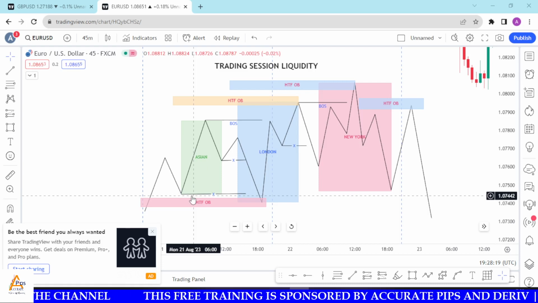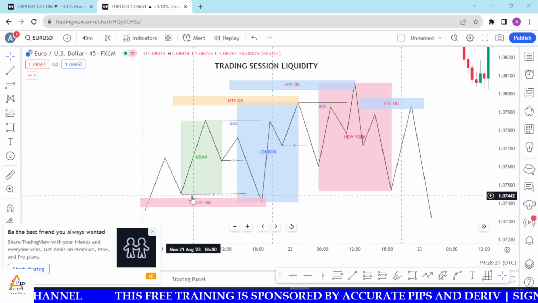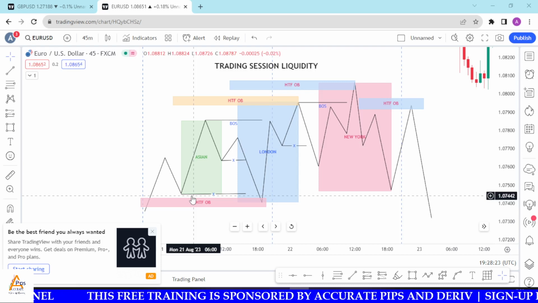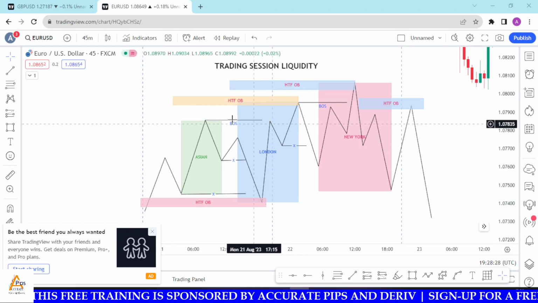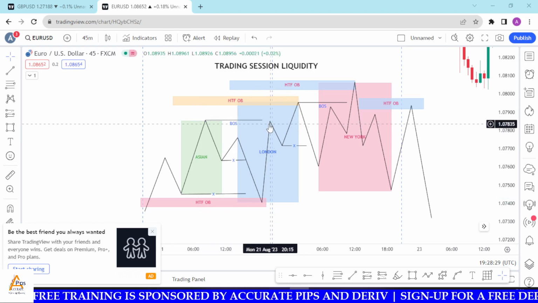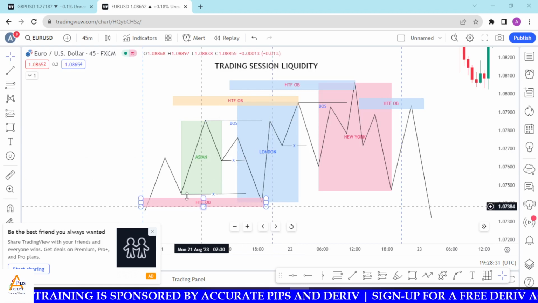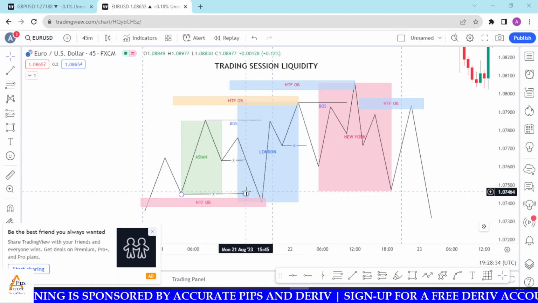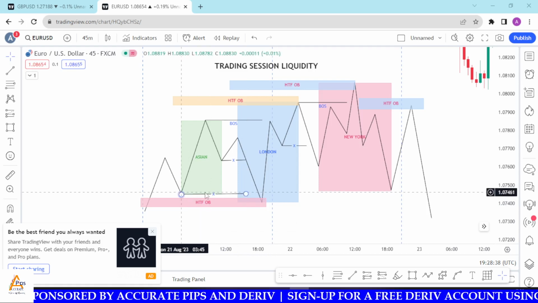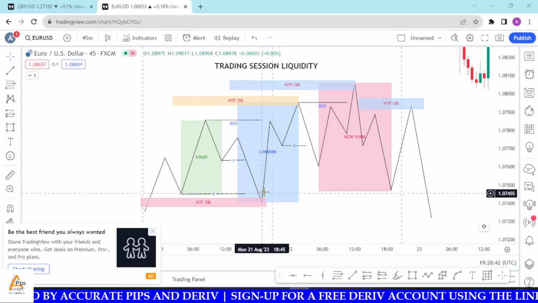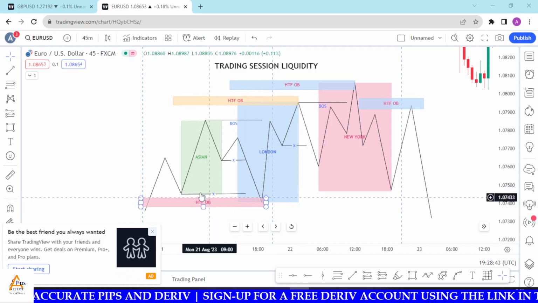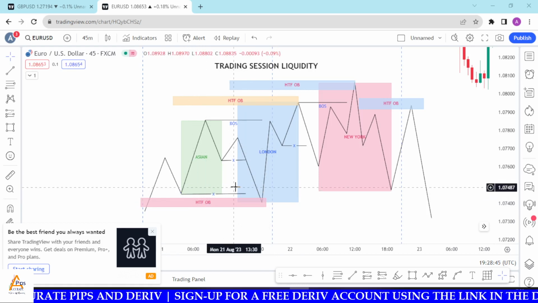One thing you need to understand is that once the market breaks a session high, or breaks a session low, most of the retail traders who are waiting for breakouts will begin to sell from this point and put their SLs above.